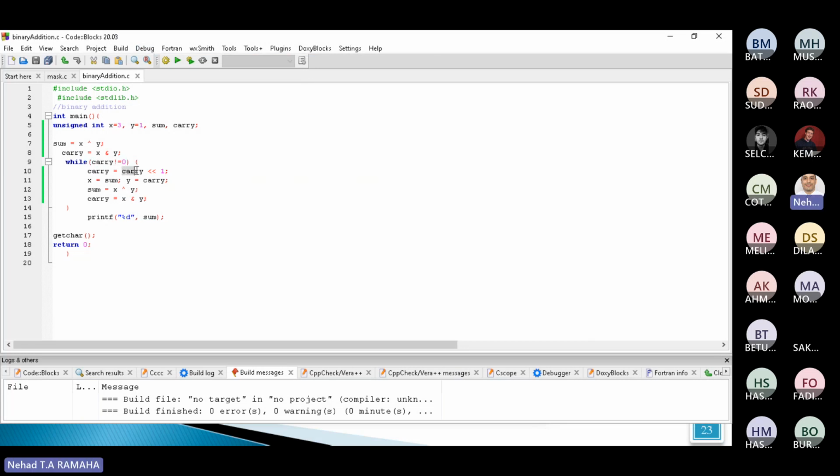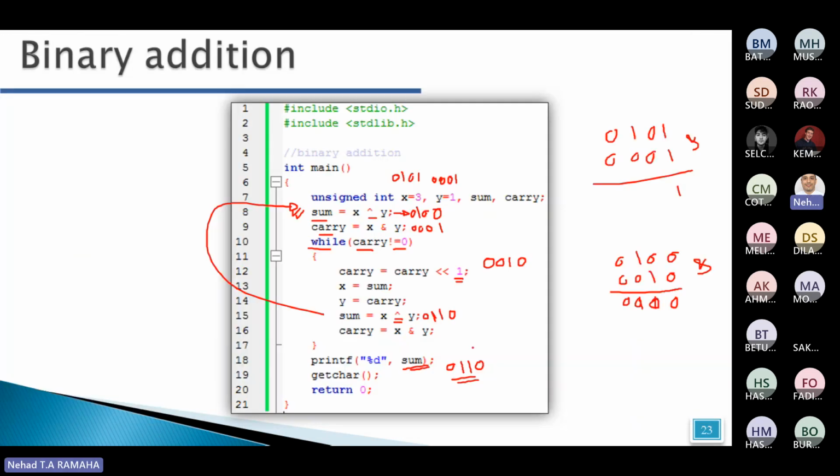Here carry is not equal 0, shift the carry, and x equals sum, y equals carry. There is something in the calculation that is not correct because this one 1, 2, 4, so it's equal to 6, but it must be equal to 4.